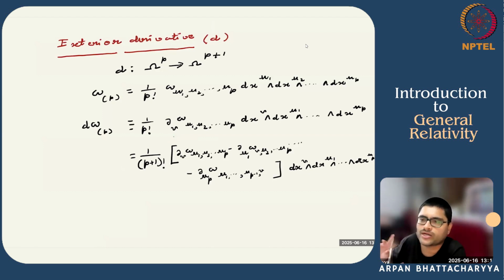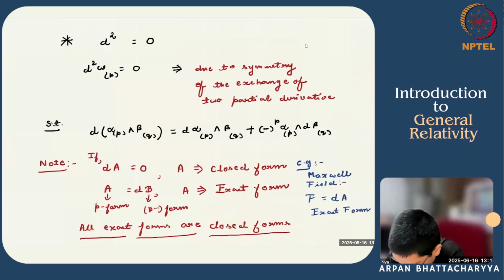Now you can exchange the two partial derivatives. They are symmetric, but remember they are contracted with the antisymmetric combination or basis. Hence, you can easily show that d squared of omega p is 0, due to the symmetry under exchange of the two partial derivatives.